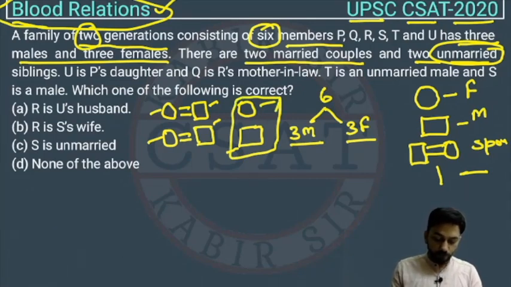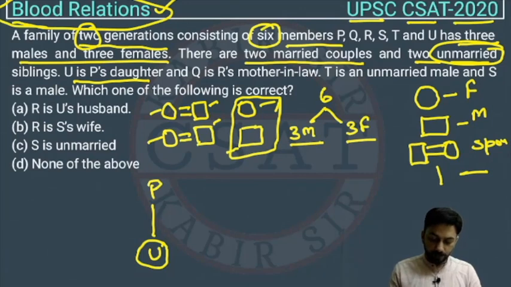Now U is the P's daughter. So we know the gender of U because they have given it's a daughter of P, but we don't know the gender of P, right? So in the female section we can write U, okay? And Q is R's mother-in-law. So Q will come, because there are 2 generations only.